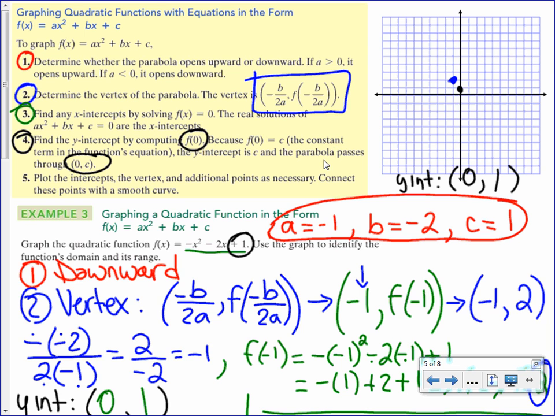Oh, negative, sorry. So somewhere here. And the other one was 0.41, right? Yeah. Somewhere here. And then, of course, we trace them. And then it will look like that.